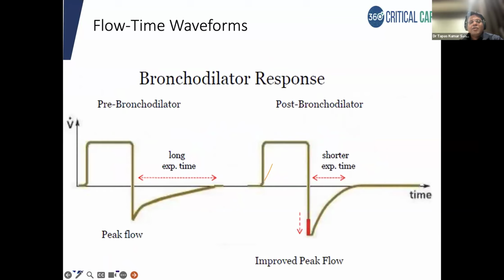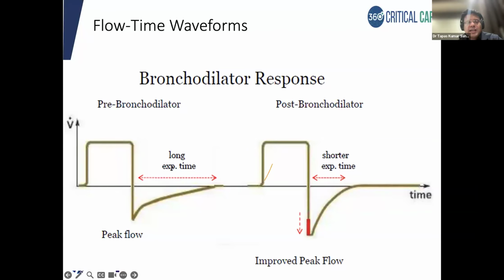Okay. Now, if your patient is a COPD patient and you are getting an expiratory waveform which is taking a long time, that means adequate expiration is not happening, and there is dynamic hyperinflation happening. So the examiner would be expecting that you should say that the peak flow is not optimal, right?